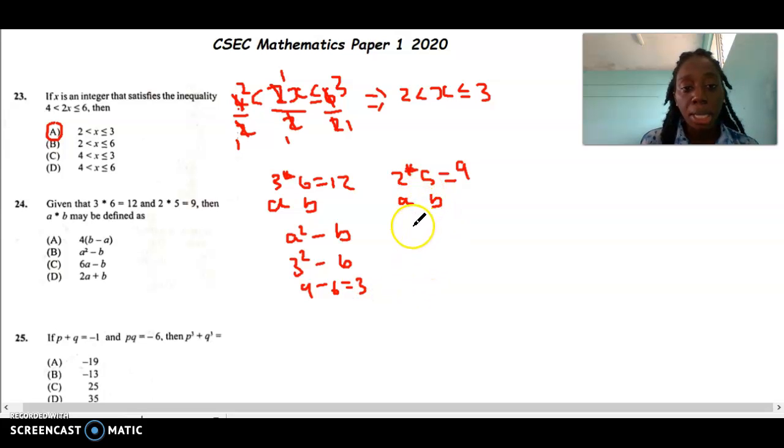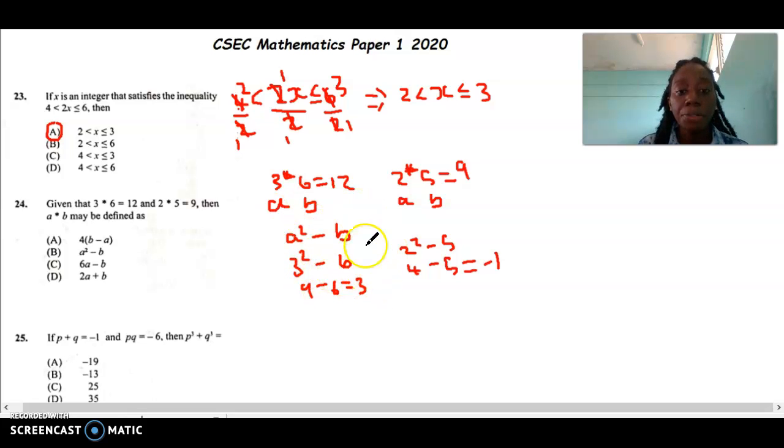Now A is 2, so I will square 2 minus B, in this case 5. So 2 2s is 4 minus 5, and that will give me negative 1. So if you notice, after doing the substitution, my result of 3 does not satisfy this equation, and my result of -1 does not satisfy this equation.